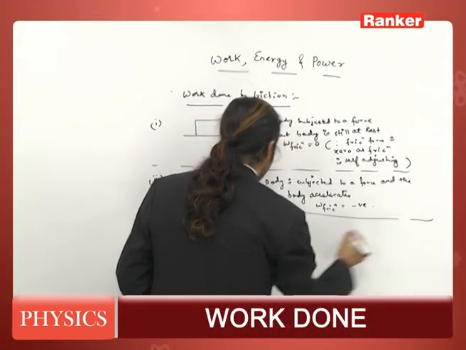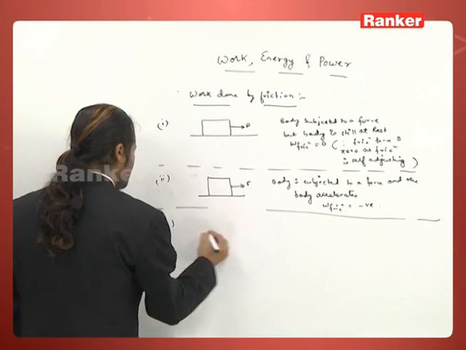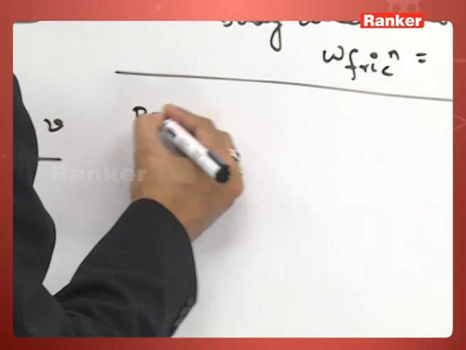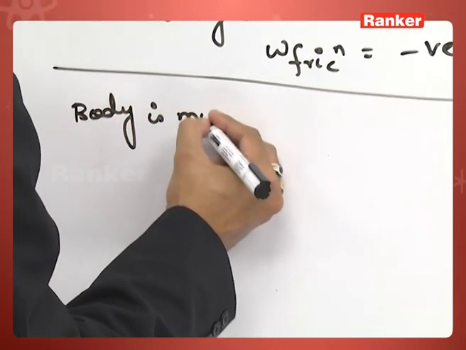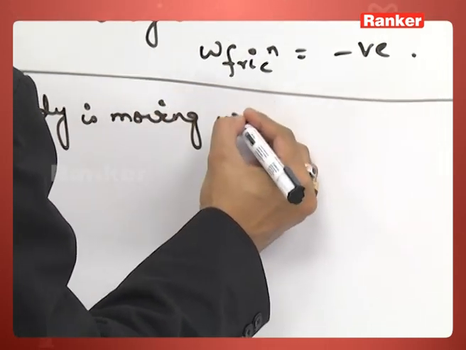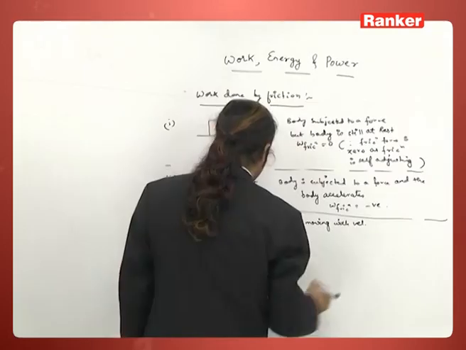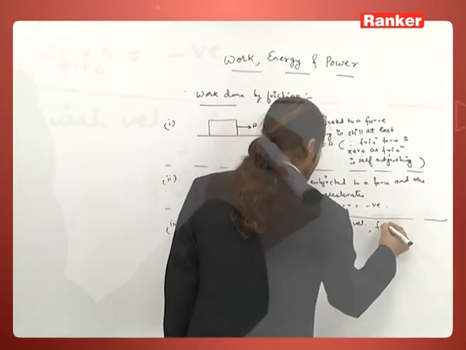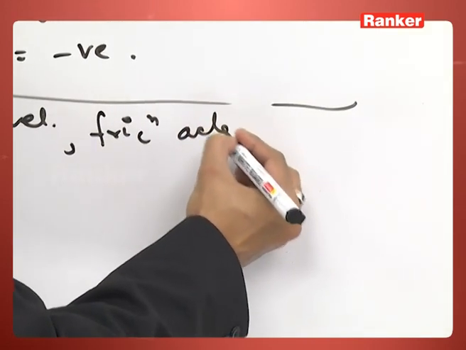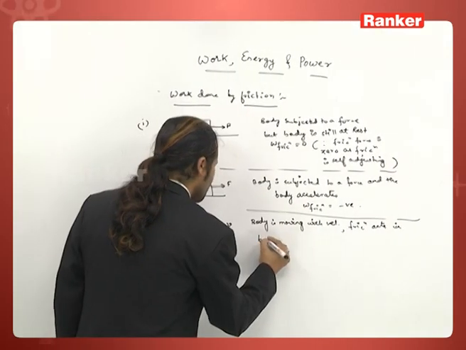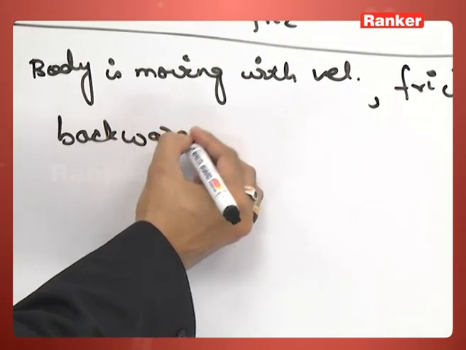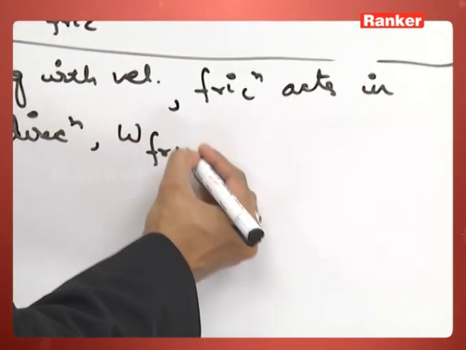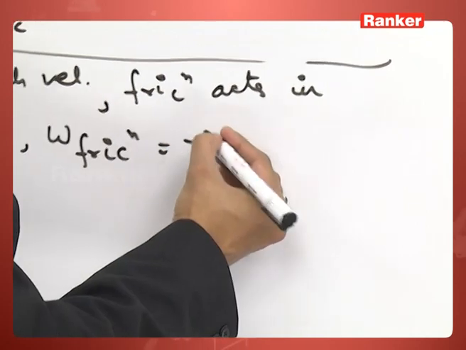Third case, the body is moving with certain velocity. Friction will act in the backward direction, so work done by friction is negative.